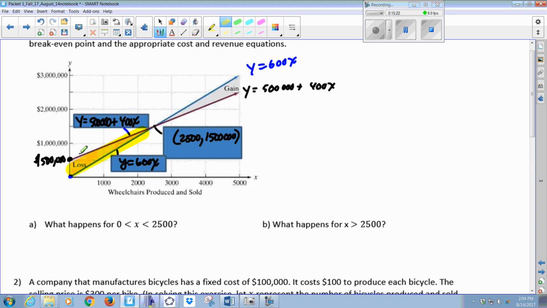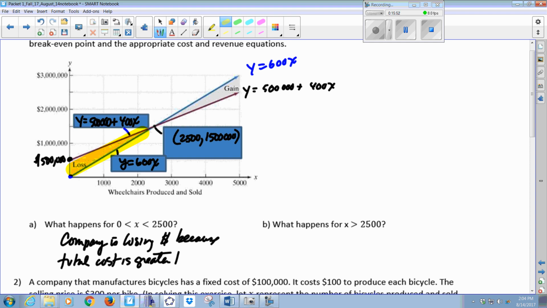Notice you have the word loss here, because in this situation your red line, which is your total cost, is greater than your total revenue. So what happens here is that your company is losing money because your total cost is greater than your total revenue.